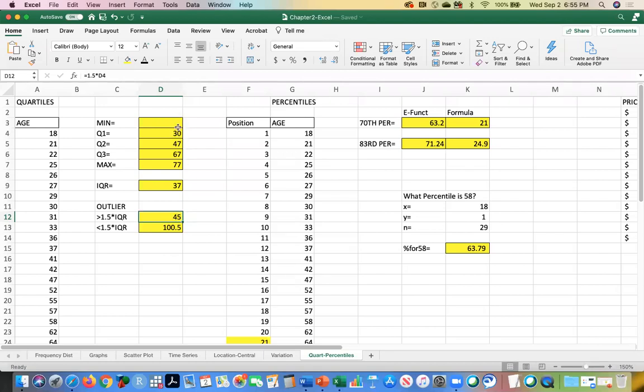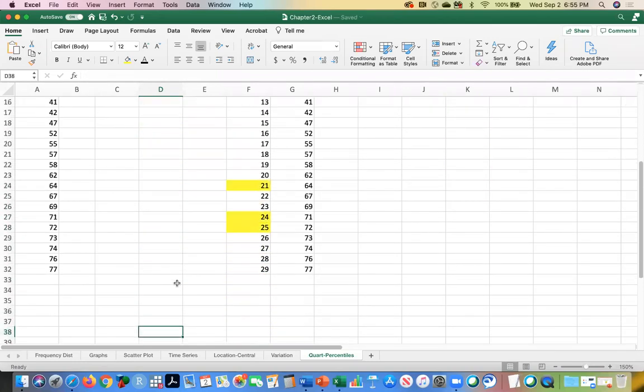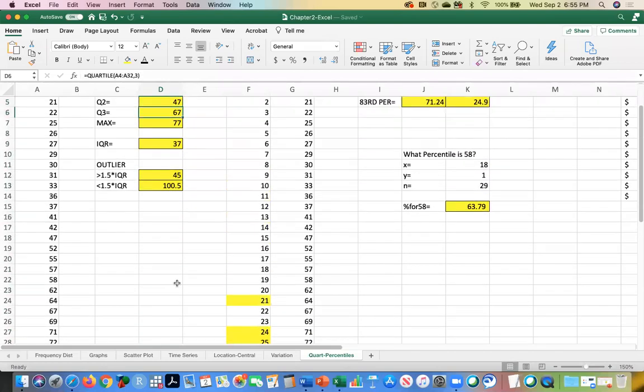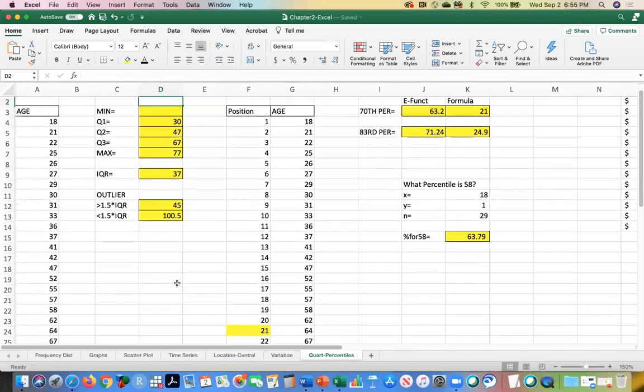So that means that there is no outlier at the bottom of my data. But I did it for quartile 3, and the number is higher than this. So it seems that there might be an outlier in this database.